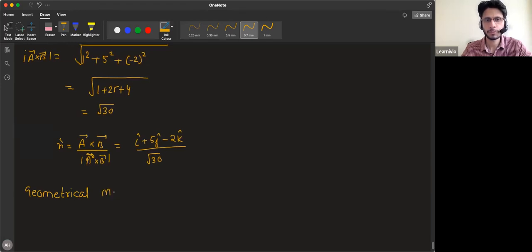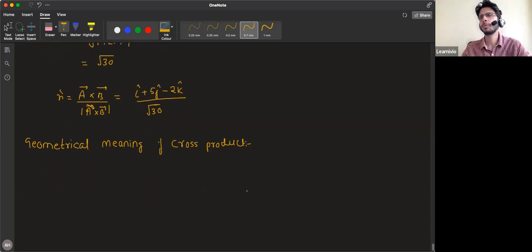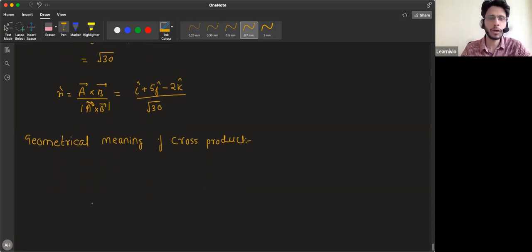Geometrical meaning of cross product simply means if you have two vectors, vector A and vector B, they're inclined at an angle theta.